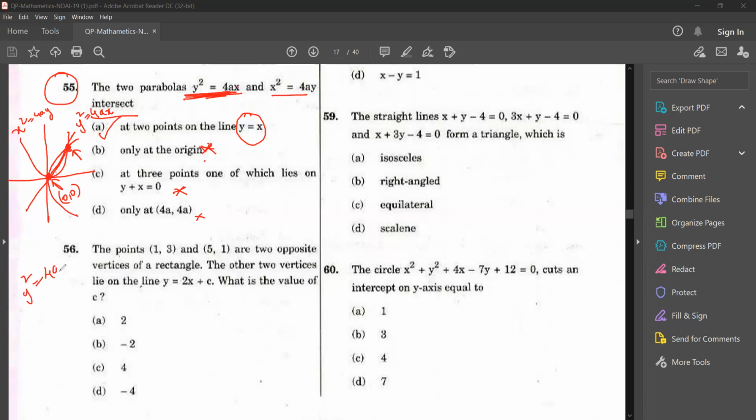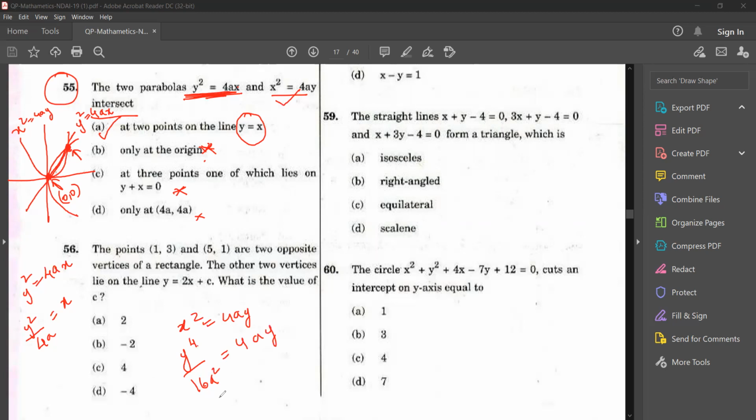From this, I can write y square by 4a equal to x. Now I'm substituting that here in x square equal to 4ay. X square means y raised to 4 by 16 a square is equal to 4ay.